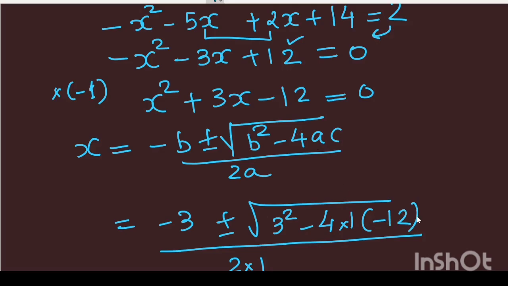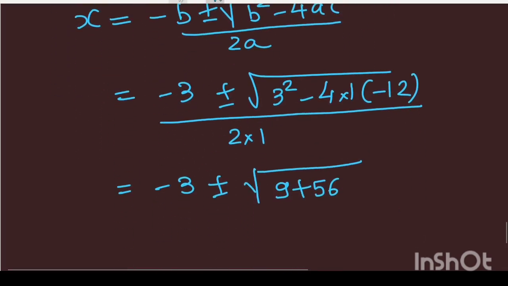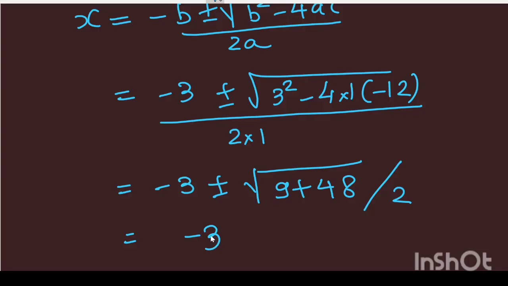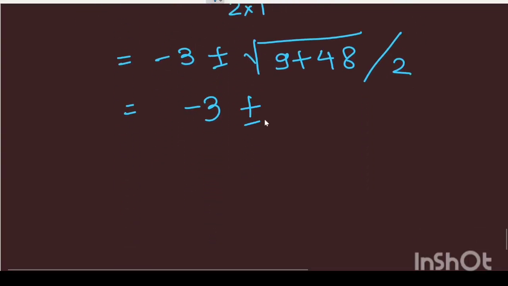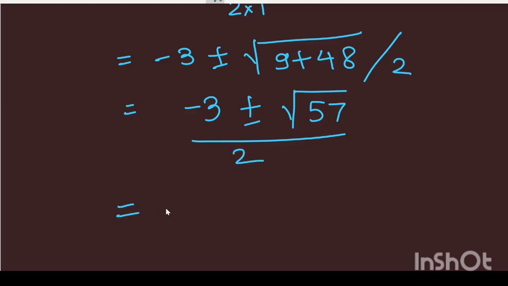So minus 12, this gives you the value 9 minus 4 12s are 48, whole upon 2. Minus 3 plus minus root 57 whole upon 2. See, root 49 is 7, so root 57 is 7 point something.